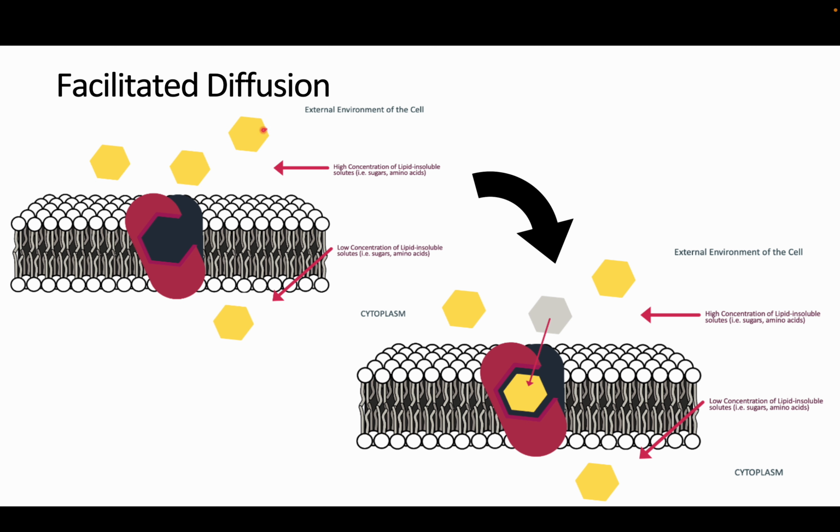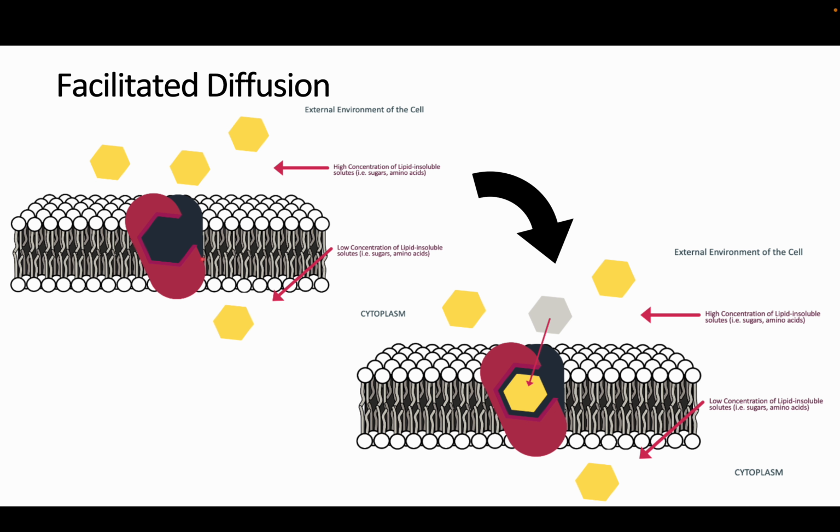Since these molecules are lipid insoluble, and by now you already appreciate that a big chunk of the plasma membrane is made up of lipids, of fatty acid hydrocarbon chains, the simple diffusion of these molecules will be unlikely. They have to be carried by membrane proteins.